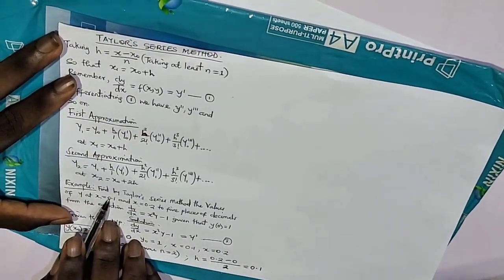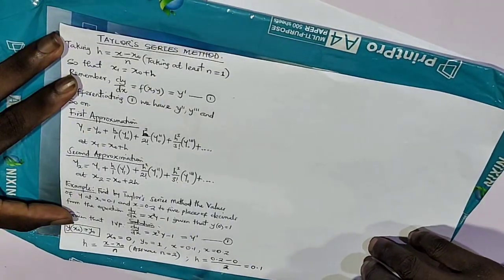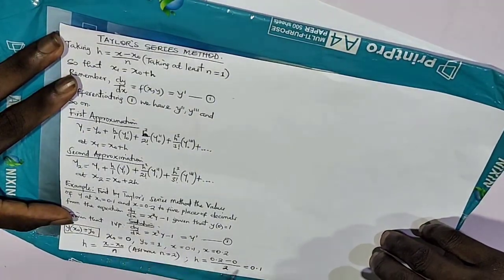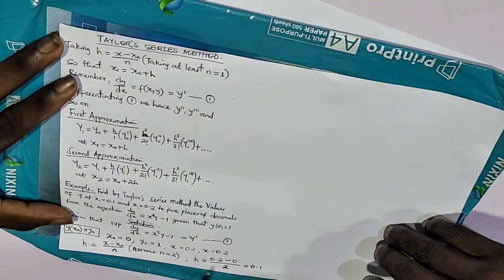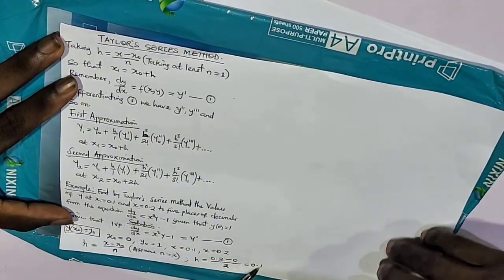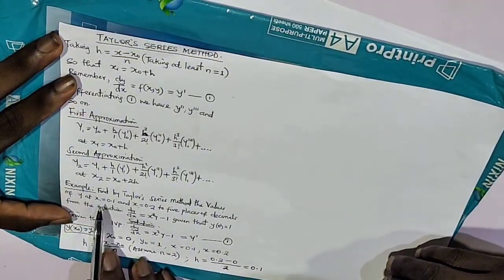Which is equivalent to this. But if we say we use 0.1, let's assume this value is not given. Then we can decide to say that our n is equal to 1. That time we can still get 0.1.